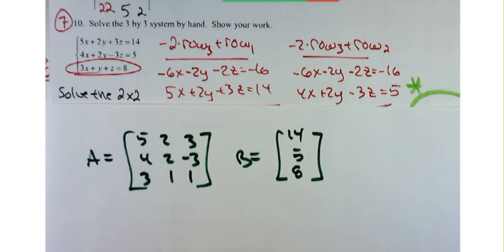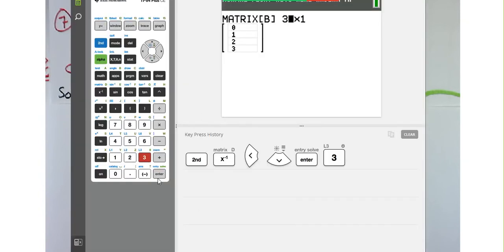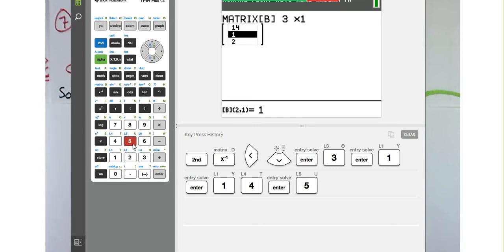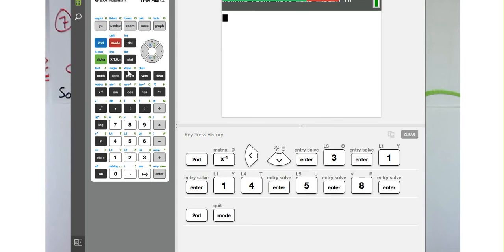Perfect. If you enter a 1 by 3, it's not going to like it, or at least it won't like it when it comes time to multiply. So it's going to be 14, 5, and 8. Nice. Those are the two matrices you needed to enter.